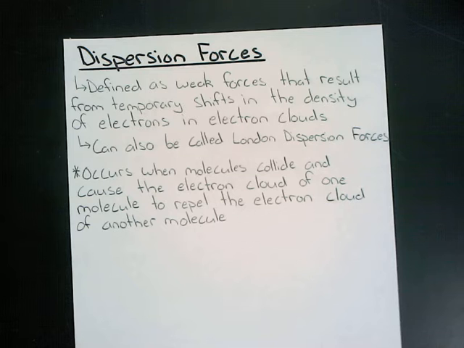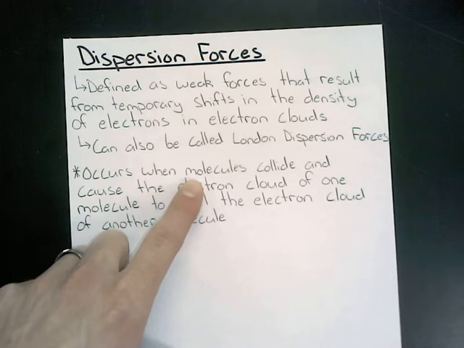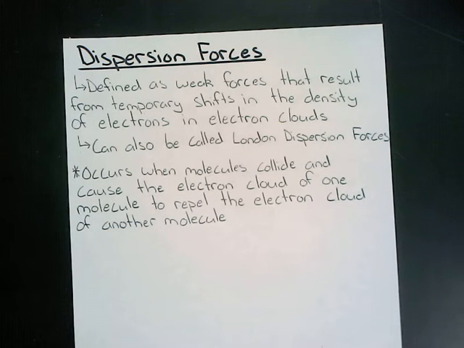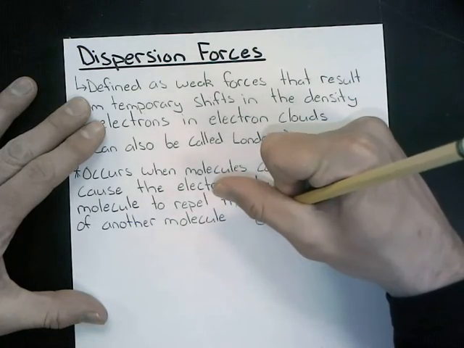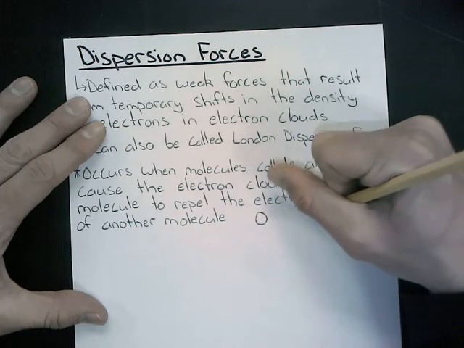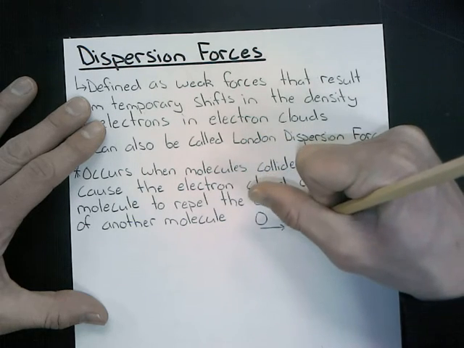Another thing to note here before we move into the details: when I talk about molecules, I'm referring to atoms or compounds here. But atoms are going to be moving, and they're going to collide into one another, and it's going to cause these temporary shifts in their electron cloud. If you can imagine for one moment, let's say we have one electron cloud and another electron cloud, and they're moving towards one another.